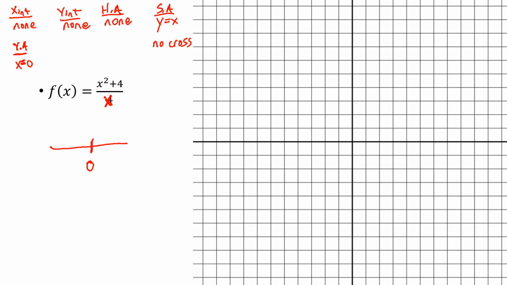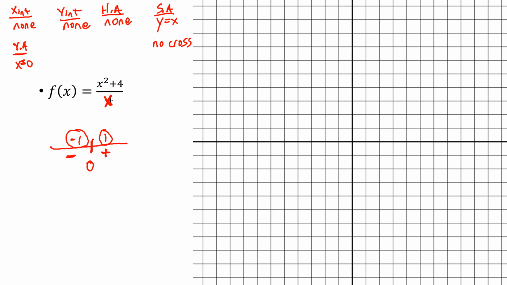So for our sign chart, we're going to choose a number to the right of 0, maybe 1, and to the left of 0, maybe -1, and we're going to use those to test everything out. If we input -1 for all the x's, we would end up with a negative number. If we input +1 for all the x's, we end up with a positive number.